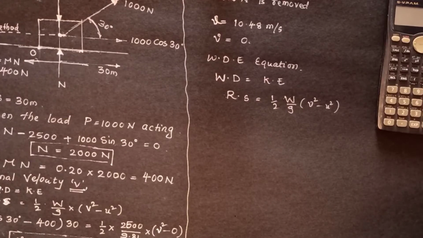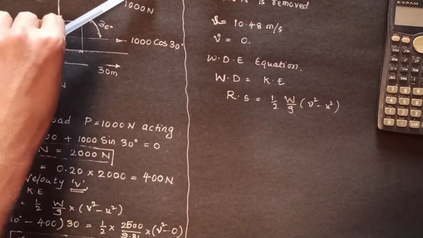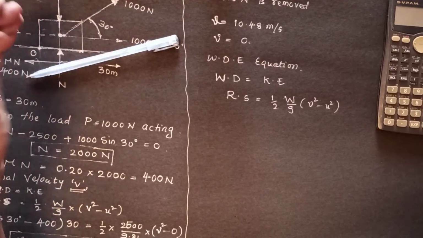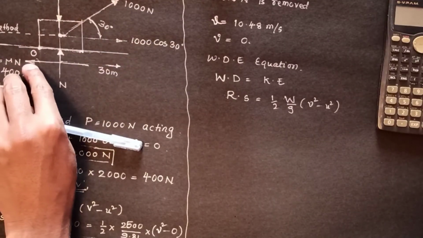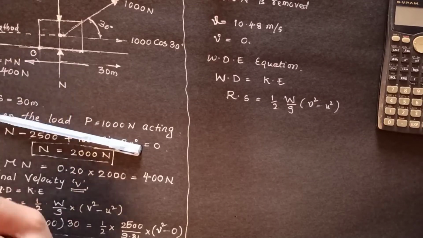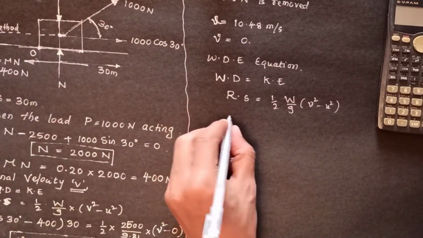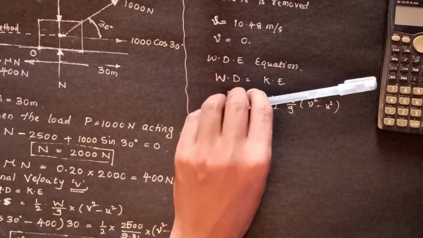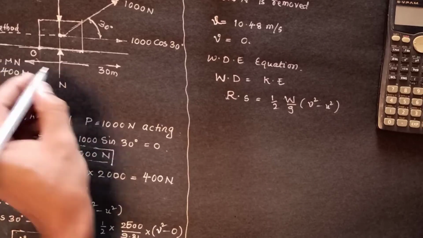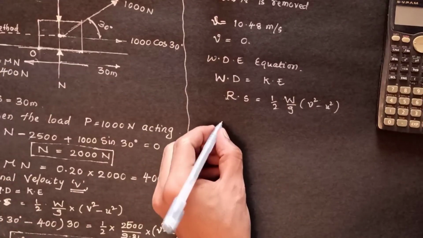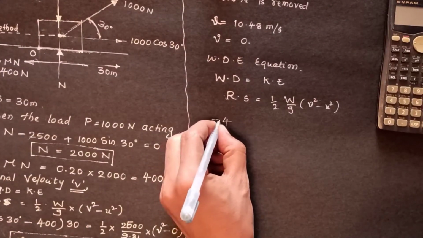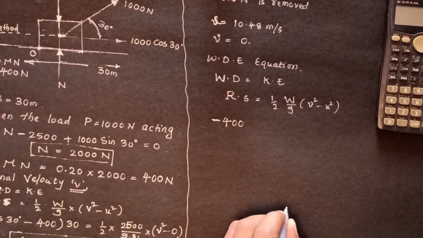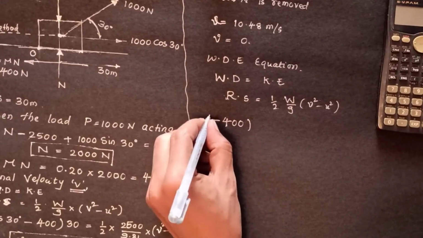Here, when the load is removed, we are not considering this 1000, either horizontally or vertically. So what is the remaining load? Horizontally, only one force is acting, the frictional force along the plane. It is acting towards the left side, so it will be taken as minus. So 400 frictional force into the distance.